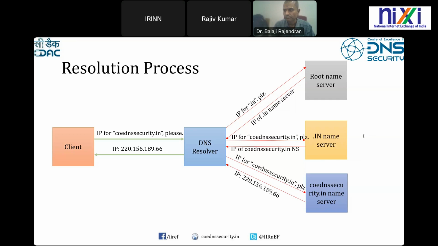And okay, why only 13 servers? This is a traditional thing. When DNS started, they didn't want the DNS packet to be fragmented. They wanted to keep all the 13 root servers, A, B, C, D, E, F, G, H, I, J, K, L, M, in a single IP packet.